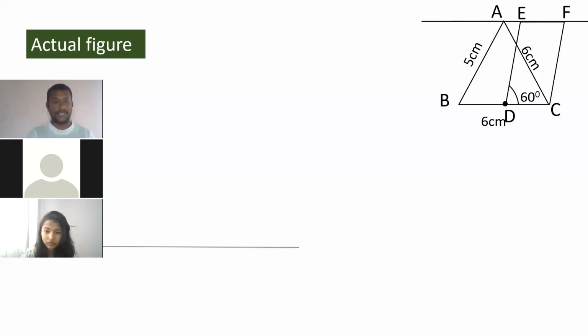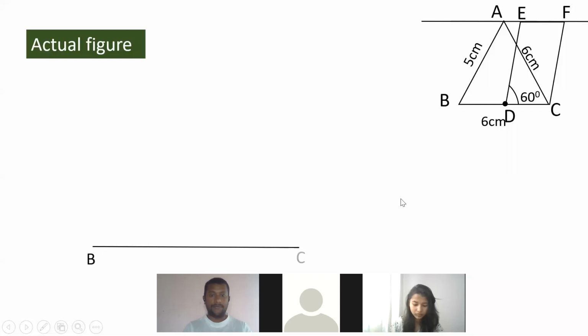First of all, let's draw BC. BC having a measurement 6 centimeter with the help of a scale. So I have taken BC of 6 centimeter, and then we need to find out the vertex A. For that, keeping B as center, take an arc of radius 5 centimeter.